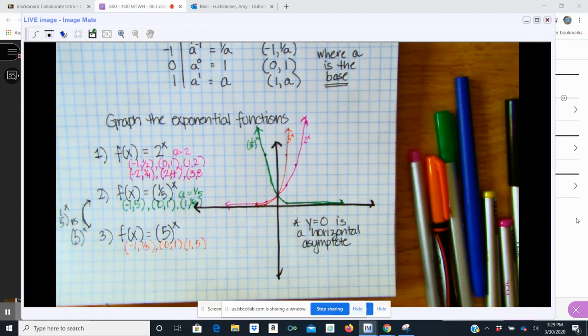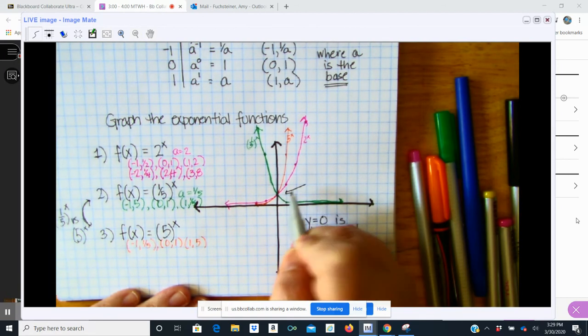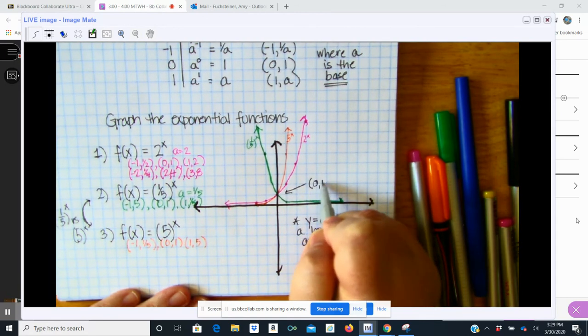And again, that's for the base function. If we do a couple of transformations on it, that can change. The asymptote can change if we're shifting the graph. But in general, you will have a horizontal asymptote. And again, as you said, the base functions always go through 0, 1.